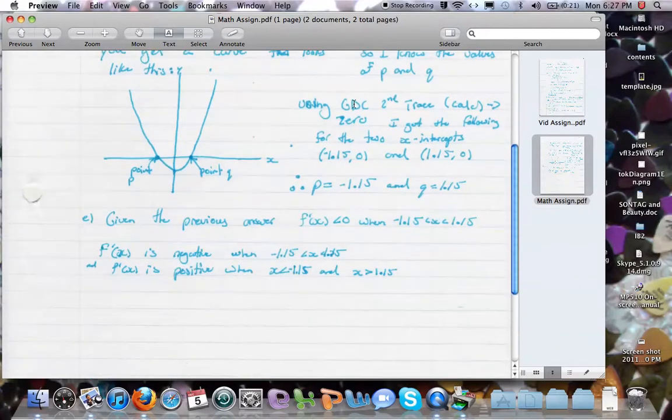So for part E, it asks us to write down the range of values for the gradient of f. So therefore, f prime of x is negative when -1.15 is less than x, which is less than 1.15, and f prime of x is positive when x is less than -1.15 or greater than 1.15.